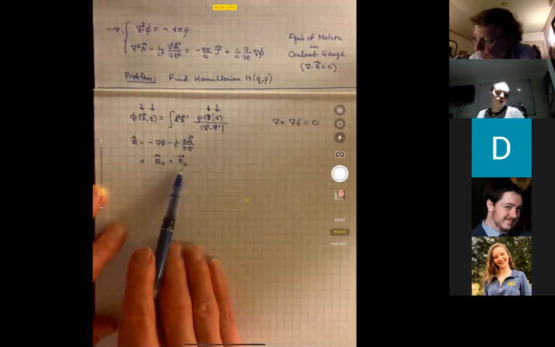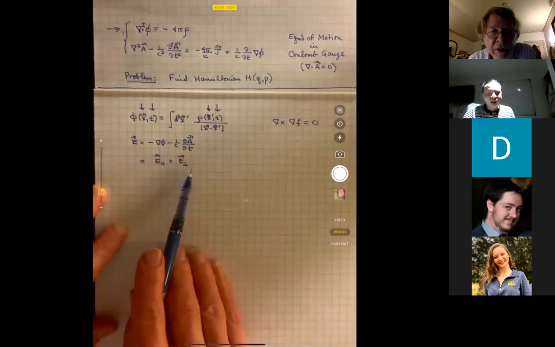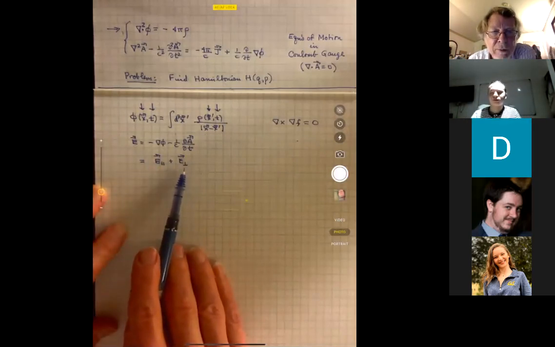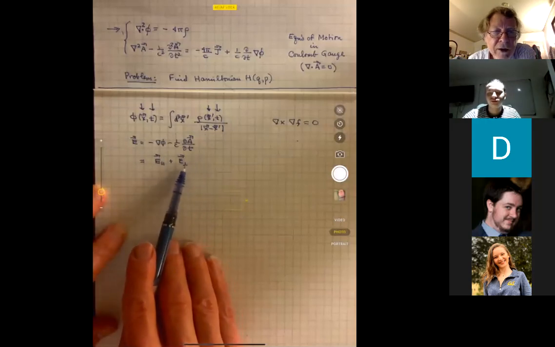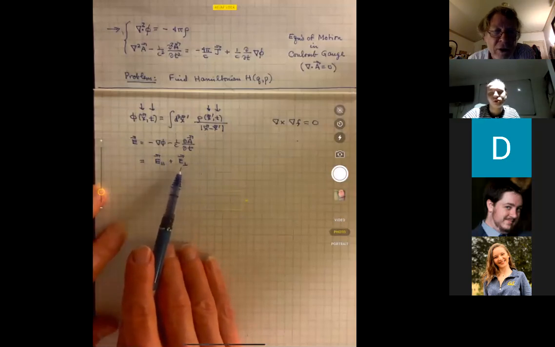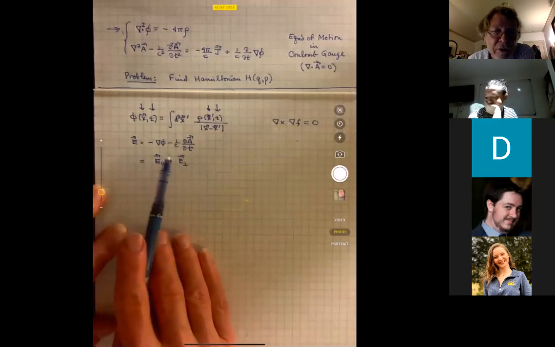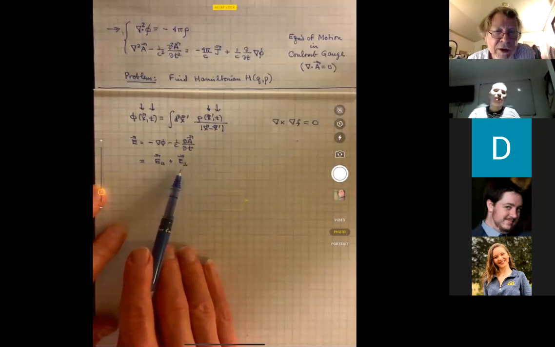So E transverse can be written in terms of the full E. But E transverse at a given point x is not determined by the full E just at that single point, but rather it depends on the values of the full electric field everywhere in space. There's an integral transform and it integrates over all of space. So once again, distant values of the full electric field contribute to the transverse component of the electric field at a given spatial point. And there's no retardation in that either. So this is how the lack of retardation occurs in the transverse electric field as well.